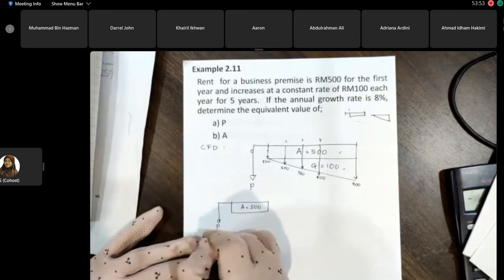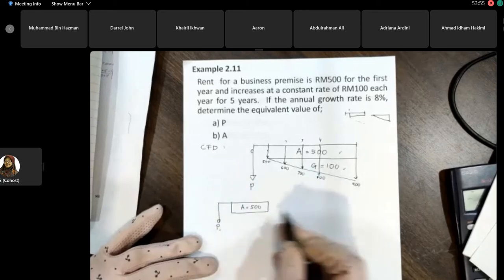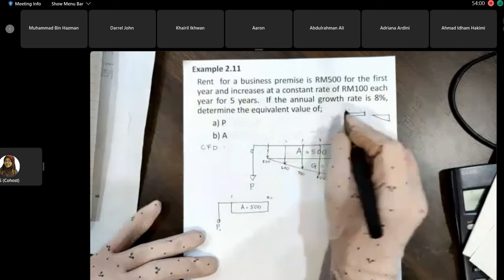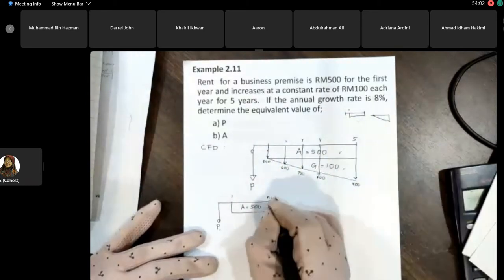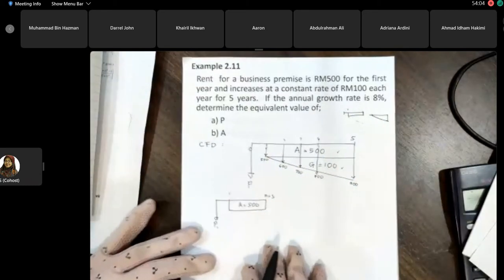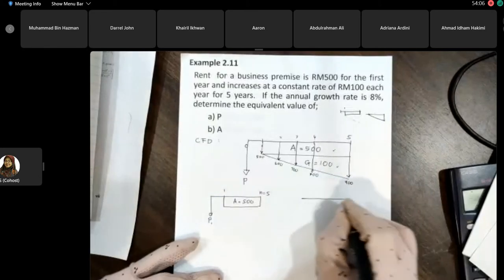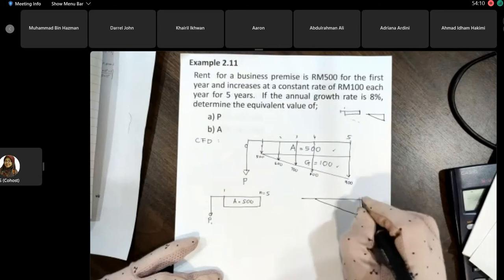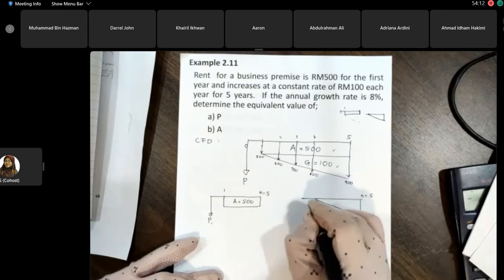Okay, this is the P, katakan P1, okay, A. So your N is 5, okay. And then you have one other symbol ni. And still 5.